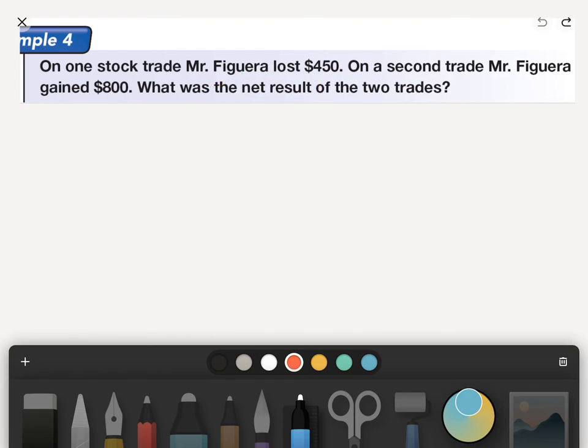Yeah, like when you're in a company and you have to pay everything before getting your actual income. Yeah, that sort of thing. But anyway, we're talking about Mr. Figuera and his stocks. I'm going to give you a moment to try to figure this out first before I demonstrate. It's pretty simple, really, based on what we've already learned.